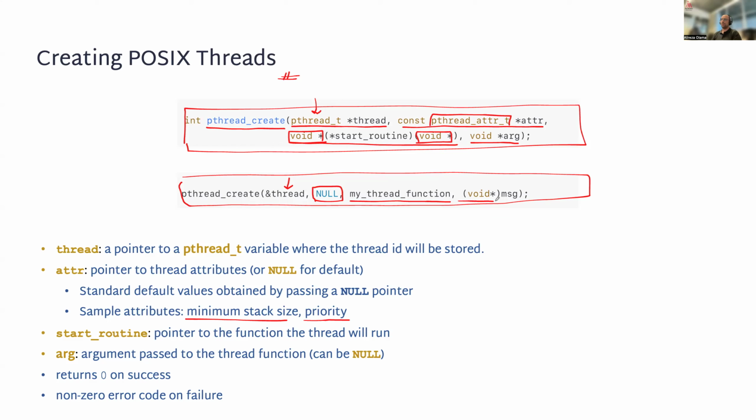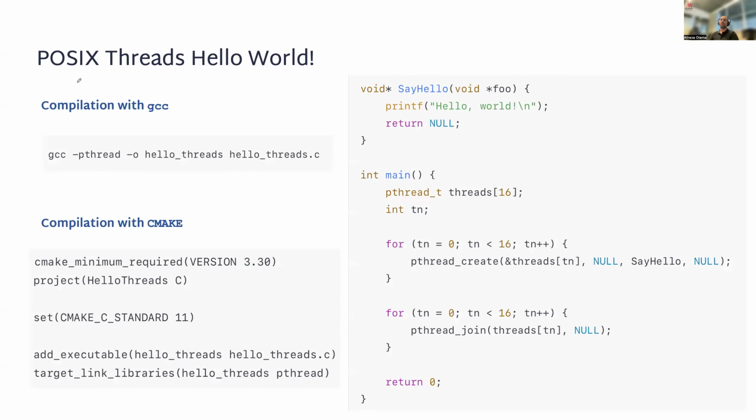And finally, you can have your arguments, right? And pthread_create returns 0 if the thread creation process was successful, and it returns a non-zero error code on failure. So you should always check if pthread_create was successful. Okay, so let's see a hello world example using this POSIX thread.